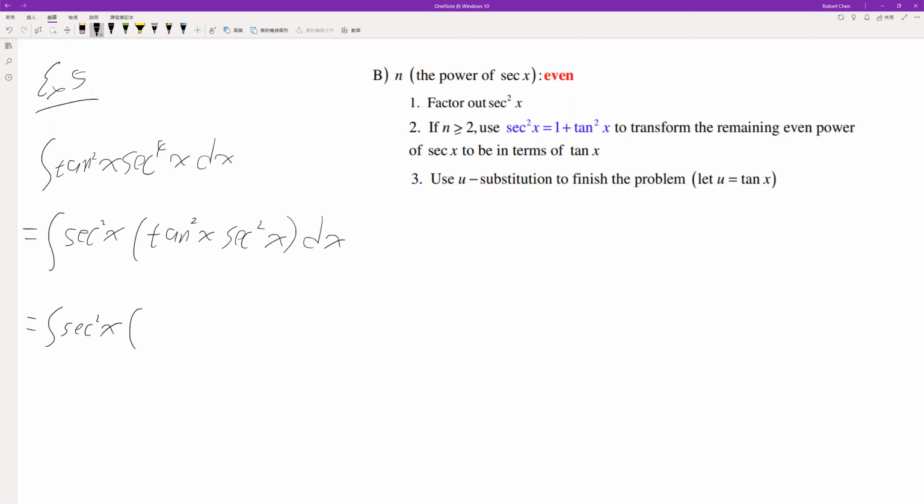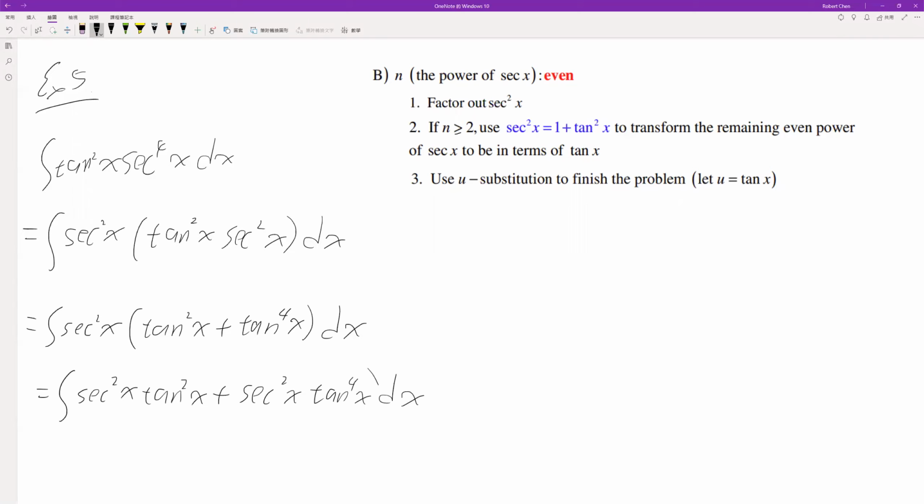All right, and then we're going to replace the secant in the parentheses with 1 plus tangent square. So we have tangent square distributing into here. We get tangent square x plus tangent to the 4th x dx. All right, and then distribute that in. Secant square x tangent square x plus secant square x tangent to the 4th x.